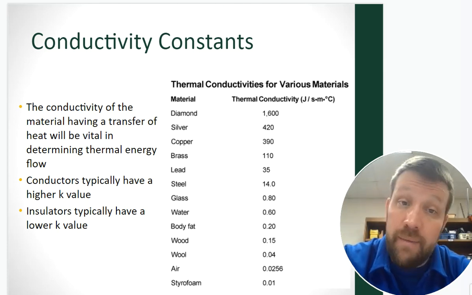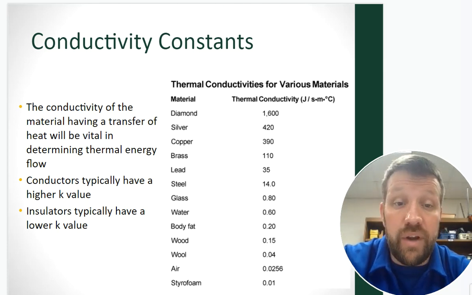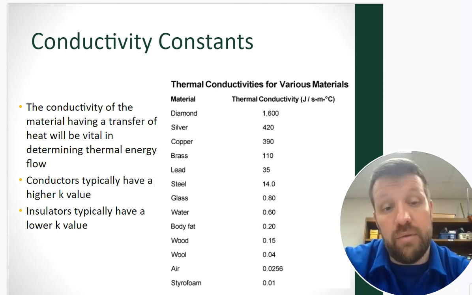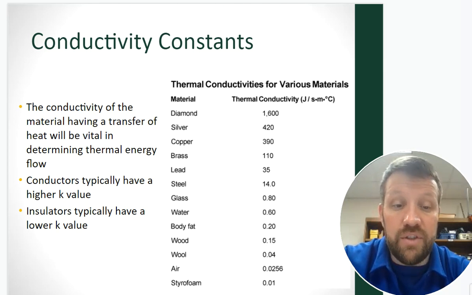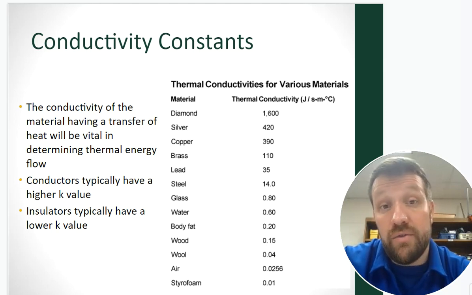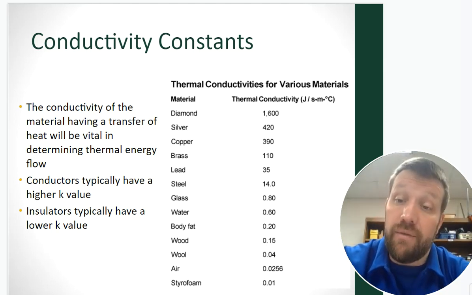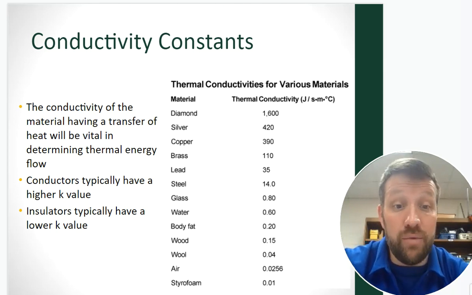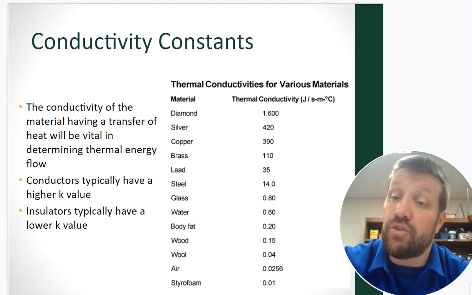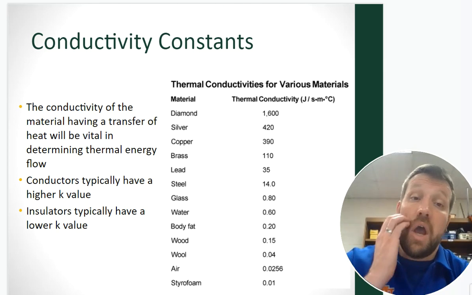We should be using diamonds a lot more, it looks like, to transfer thermal energy, because it does so better than silver and copper and brass and all these other conductors. And then you see down towards the bottom there some very low values, meaning those would be insulators and not allow for heat transfer. Things like wood or air or styrofoam. And a reminder that a vacuum would essentially be zero if it was a true vacuum here.